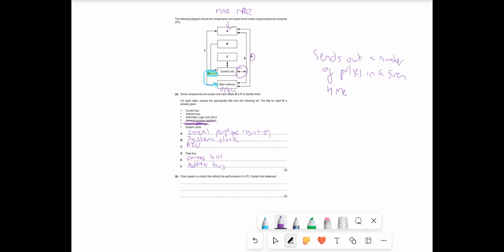And here's the thing. Each instruction takes a certain number of clock cycles to execute. So appreciate that an instruction will be broken down into different processes.